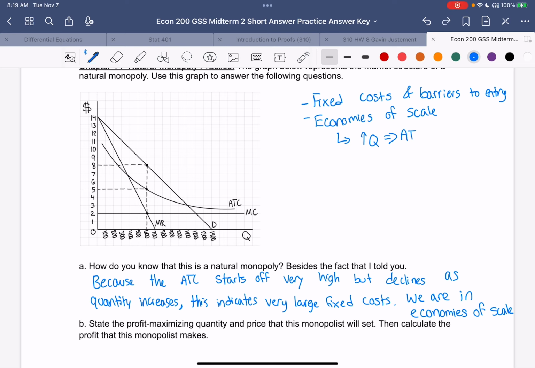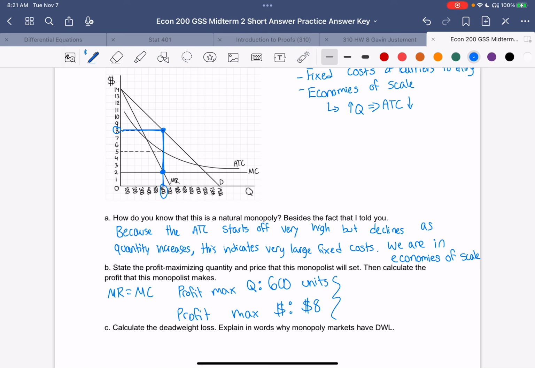All right, now calculate the deadweight loss. Explain why monopolies have deadweight loss. So first, oh shoot, I was supposed to calculate profit. Okay, so we're also going to calculate profit. Look at the average total cost of producing a unit when you are making 600 units, and that is going to be $5.